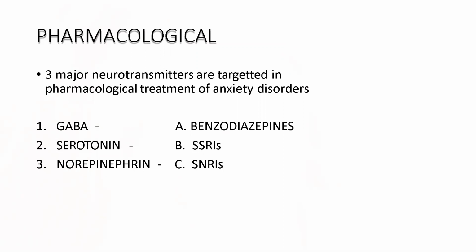Coming to the pharmacological treatment, there are three major neurotransmitters which are targeted in the pharmacological treatment of anxiety disorder. We have GABA, where benzodiazepines act on the GABA receptors, which are inhibitory receptors.